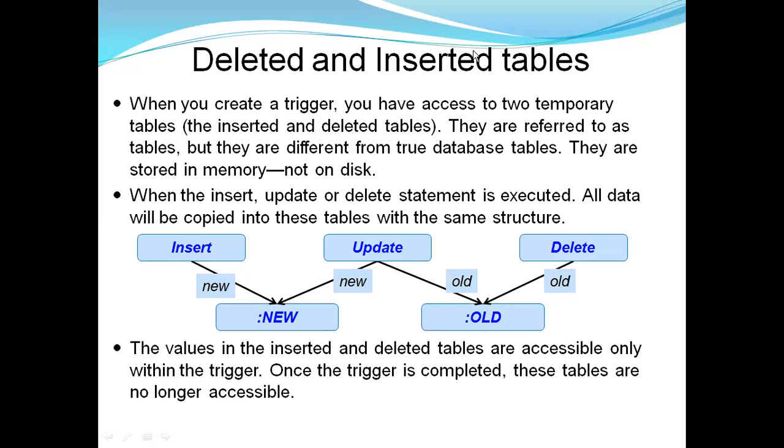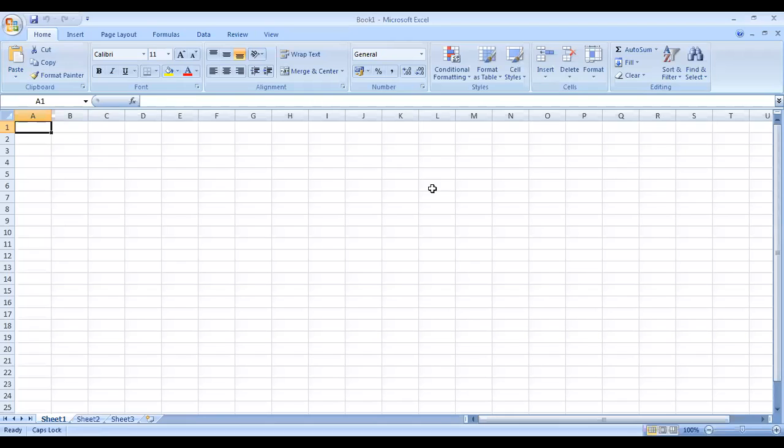So let me open an Excel sheet. Okay, now I'm sure you're able to see the Excel sheet. Now let's say I'm having a table and this has a column age.